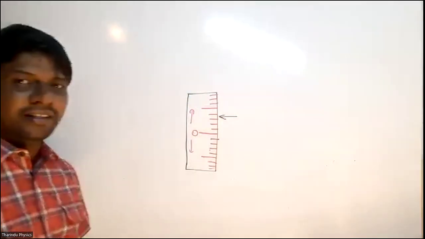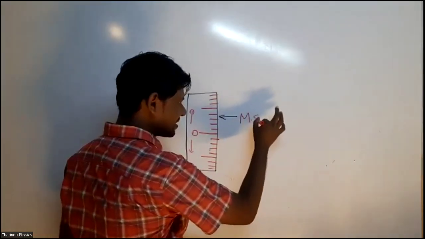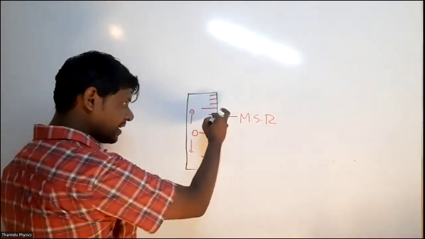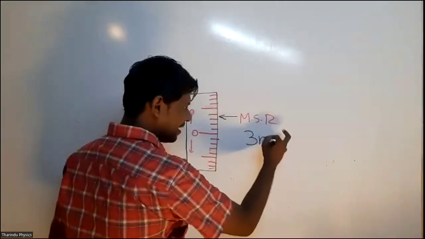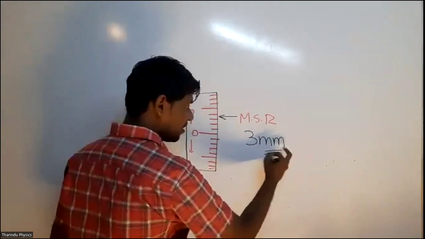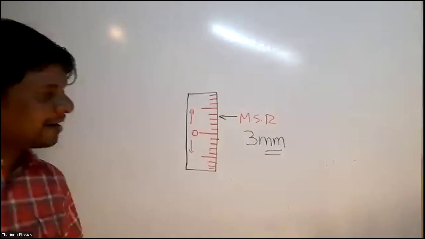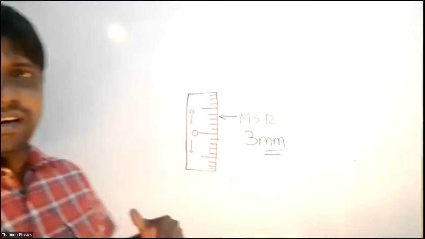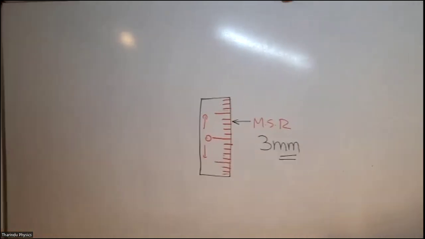You can't say it like 3.5. You can only say the main scale reading like this. It has gone past 3, below 4, but still you can say it is 3 millimeter only. Understand? You can never say 3.5 millimeter, because 0.5 is not marked.